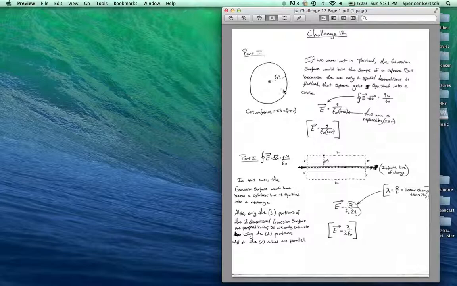So this is the circumference of a circle, 2 pi r, or pi d. That's what you put in for area.